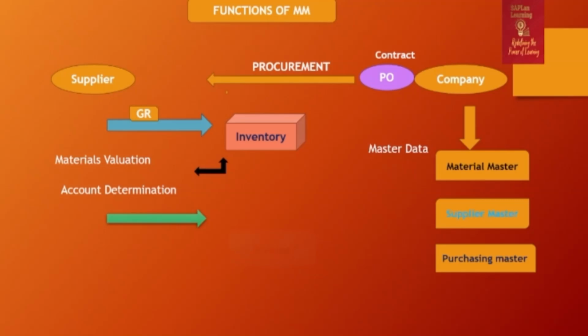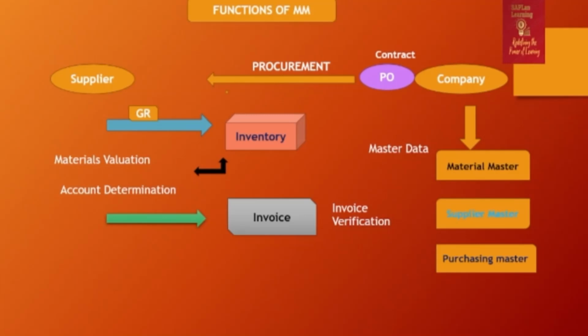After this, the supplier may send an invoice. The invoices we have received, the users will post in the SAP system. Once the invoice is posted in SAP, invoice verification takes place in the system. It may be automatic or manual depending upon your settings.